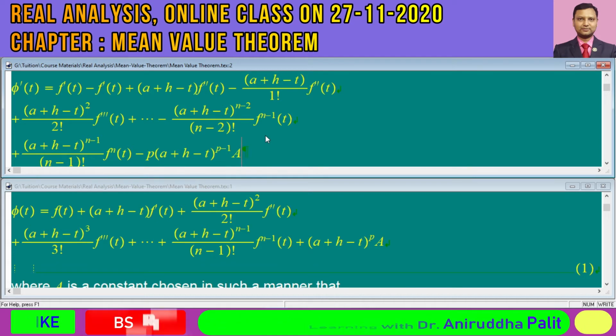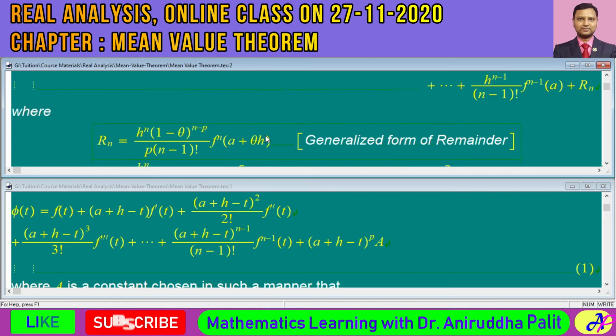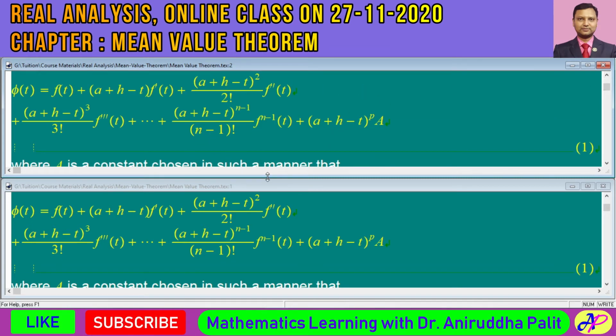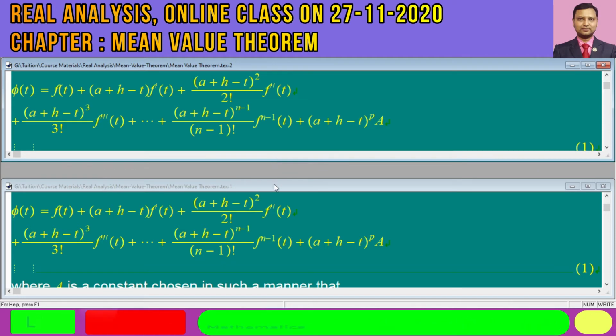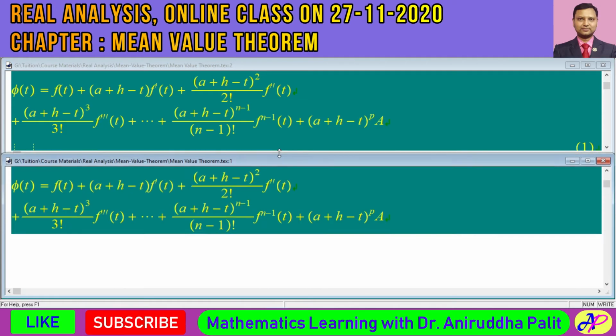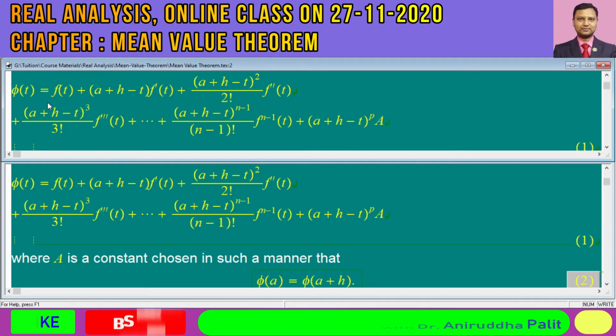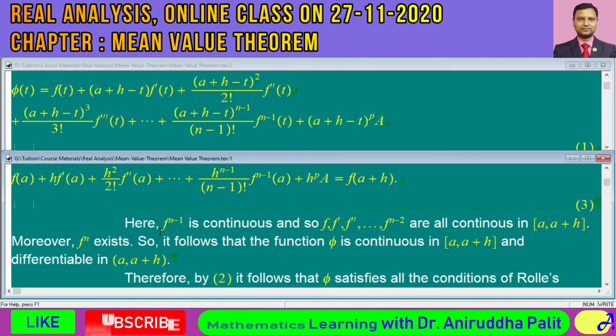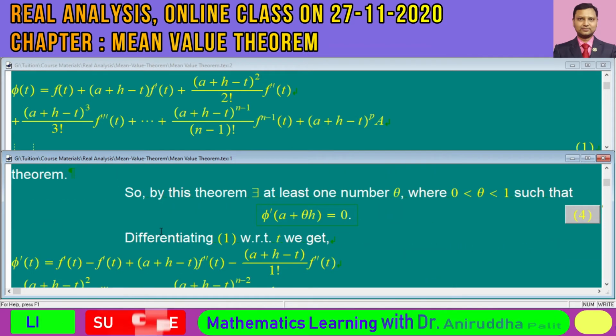So where is the expression of phi? This is the expression of phi, this is our phi function, and over here we are trying to differentiate the phi function. Let's try to differentiate.